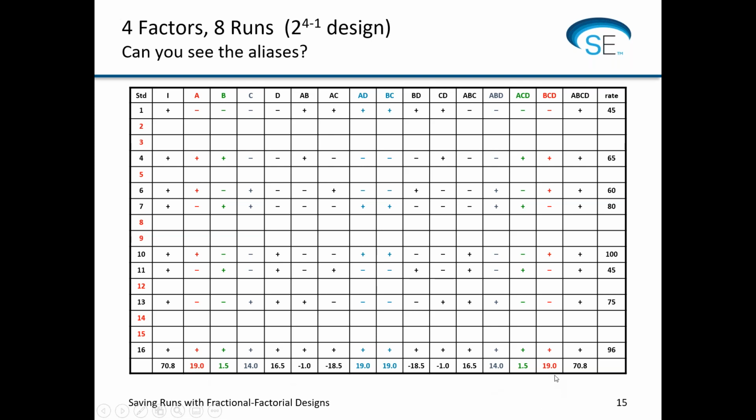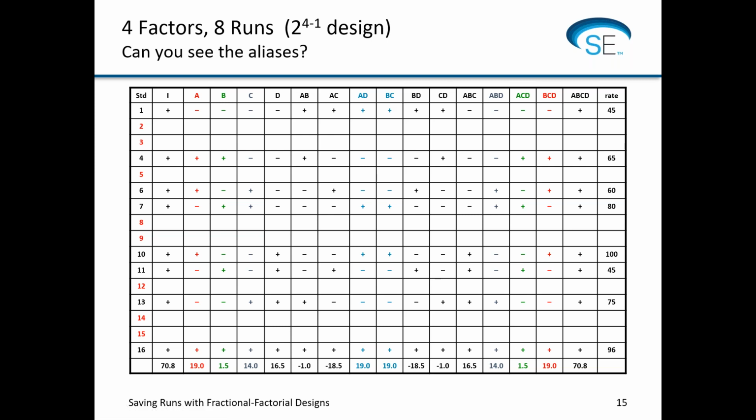Calculation is the same. B is aliased with ACD, and you can kind of find your pairs working your way in until you get to AD and BC are identical. So you have a reduced set of unique columns, and these create the aliases.